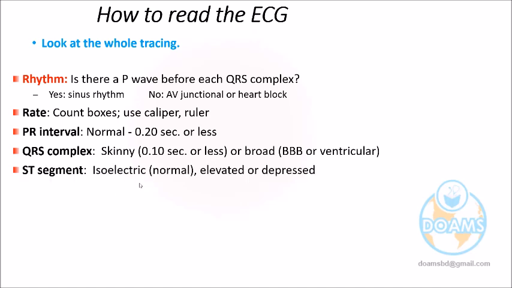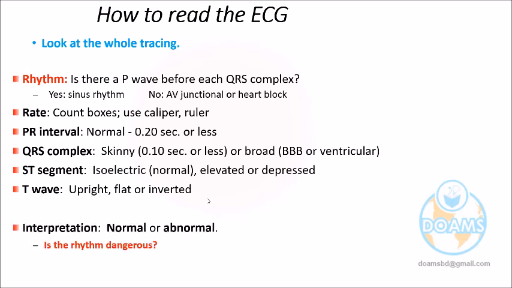Now, segments are isoelectric, normal, but if elevated or depressed, abnormal. T wave: upright, flat, or inverted. Abnormalities we can see are upright, flat, or inverted T wave. That is our observation points. Interpretation now: normal or abnormal in general after looking at this. And if there is a rhythm abnormality, is it dangerous or not?